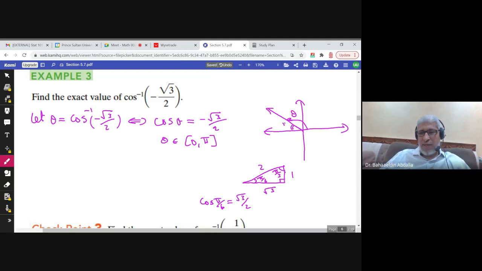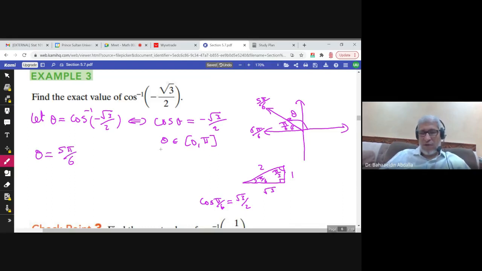So this angle is pi over 6. That's the reference angle. So what is theta? This is pi, which is 6 pi over 6. So theta is 6 pi over 6 minus pi over 6, which is 5 pi over 6. So the answer theta is 5 pi over 6.